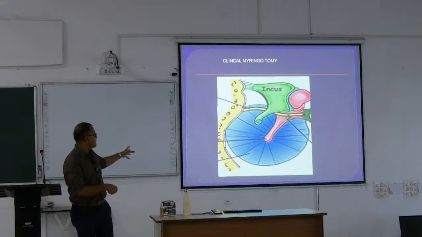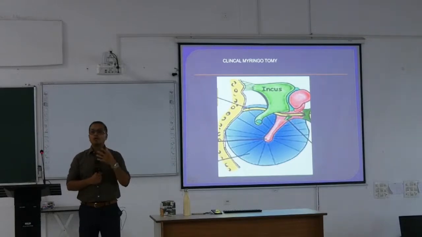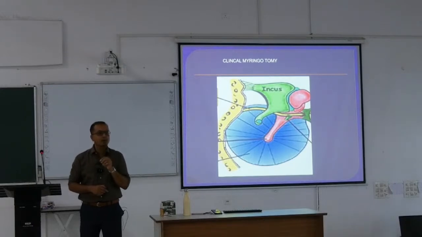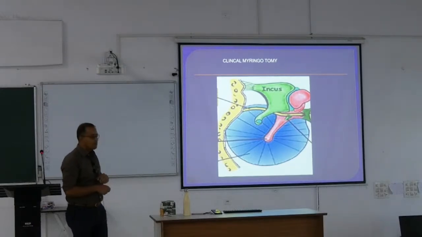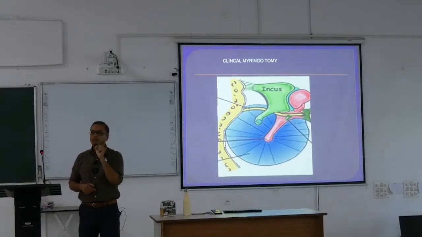The tympanic membrane is bulged out to the exterior side, and it has fluid present inside. So, how are we going to treat that? That treatment, we call myringotomy. That means you are going to cut this tympanic membrane. Once you cut that, the fluid which was present inside the middle ear cavity will come out.